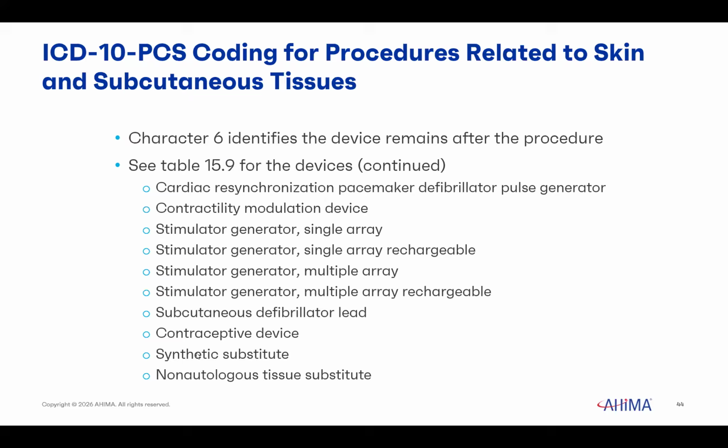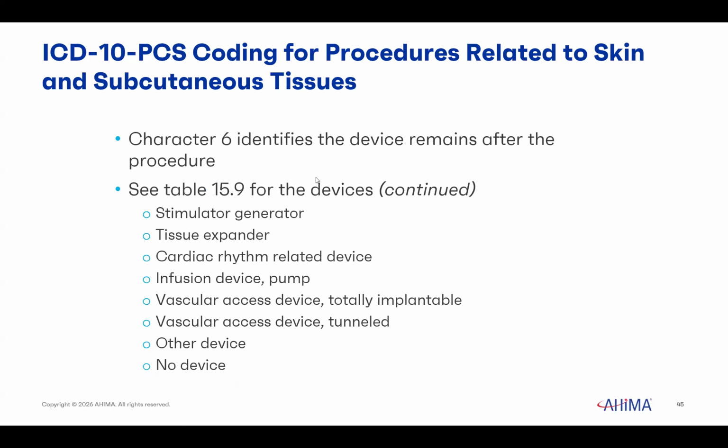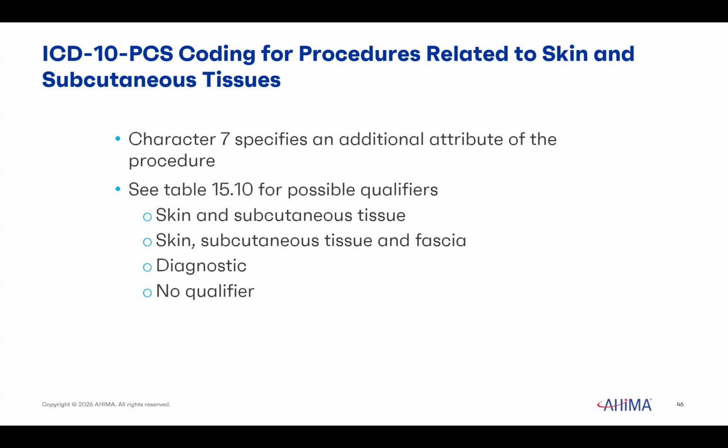Could be a stimulator, generator, rechargeable, synthetic substitute, and so on. And again, table 15.10 talks about the possible qualifiers, right? So qualifiers for this could be skin, subcutaneous tissue, diagnostic, or no qualifiers we've seen before.